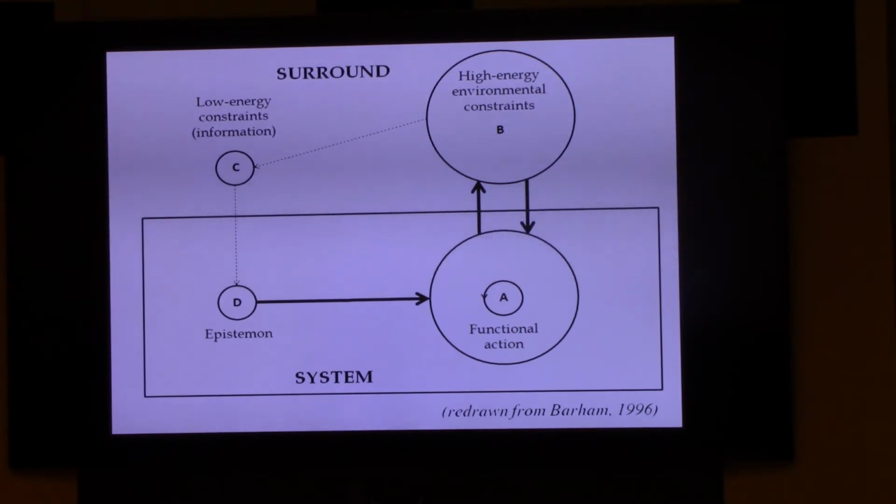Okay, now this is the figure that we've seen in the past, the tetratic model of perception and action. And again, that's what Barham calls it. He defines perception and action in the context of an organism, and he sort of defines them so that intrinsically they're synonymous with a biological system. It's very interesting.